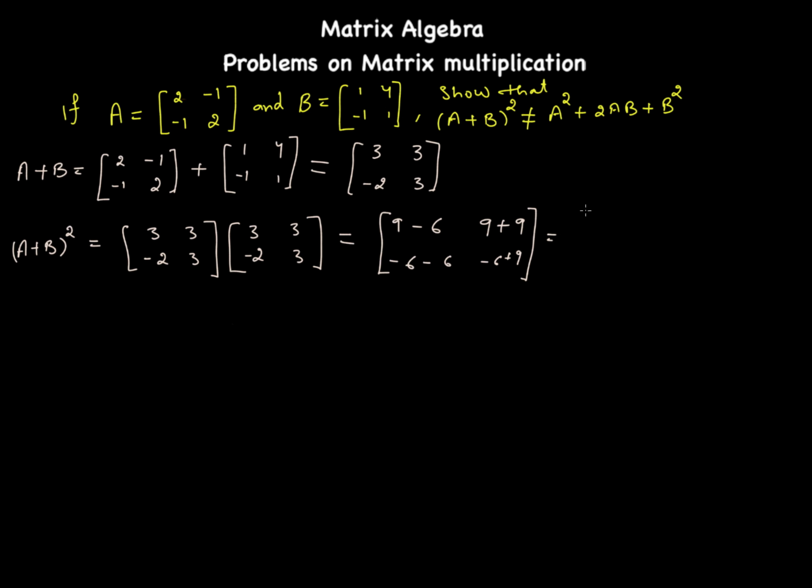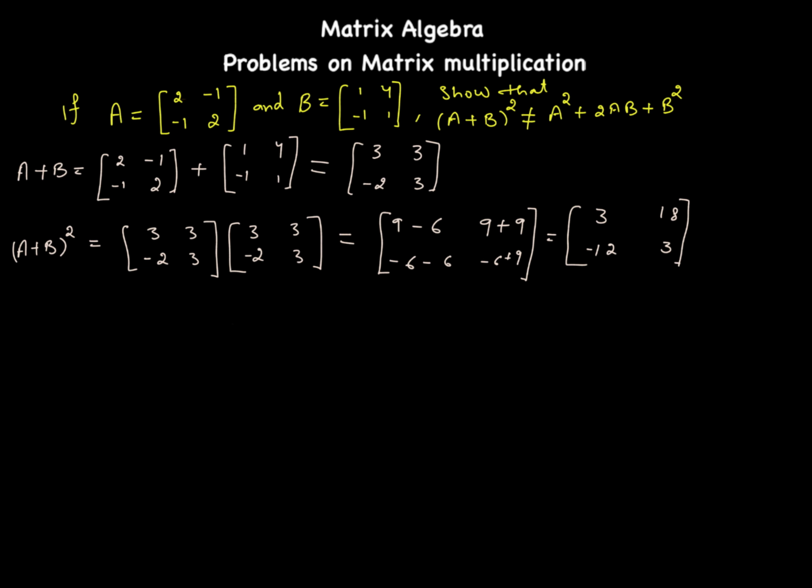When we simplify it, 9 minus 6 is 3, -6, -6, -12, 9 plus 9 is 18, and -6 plus 9 is 3. So this is my left hand side, which is (A plus B) squared.